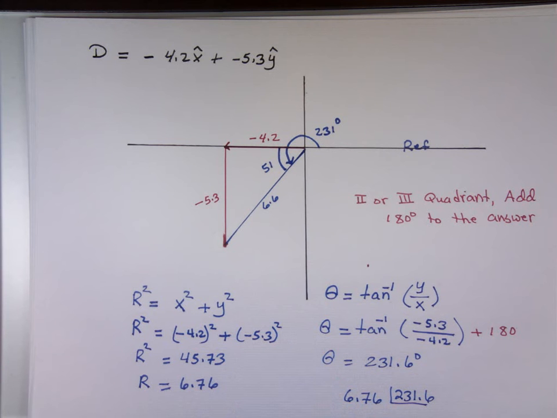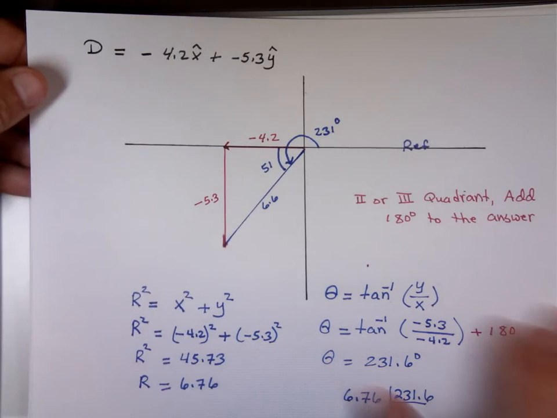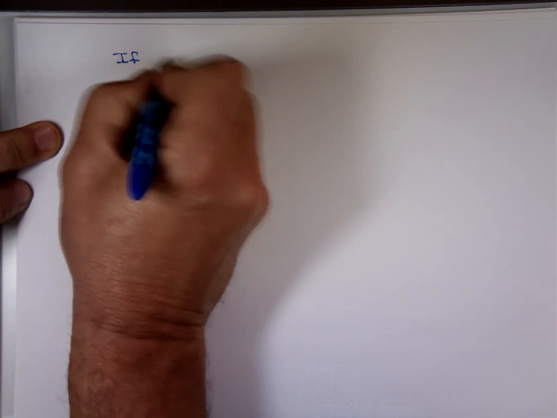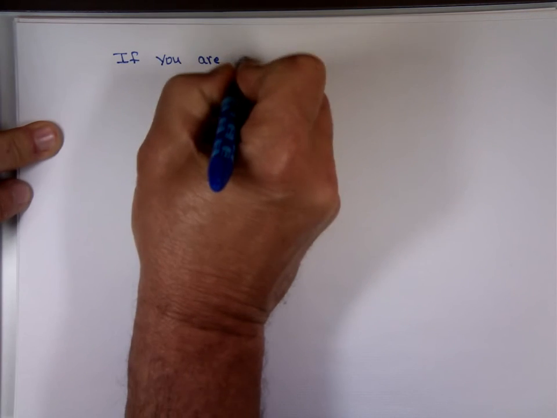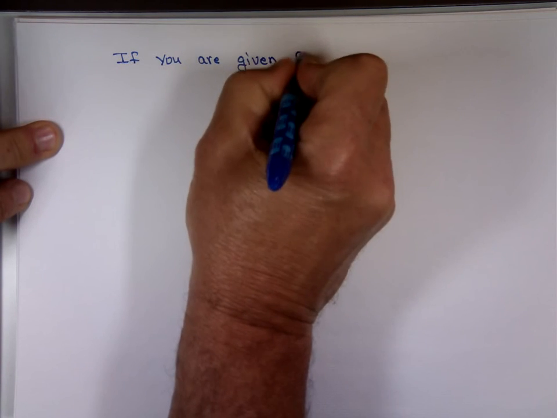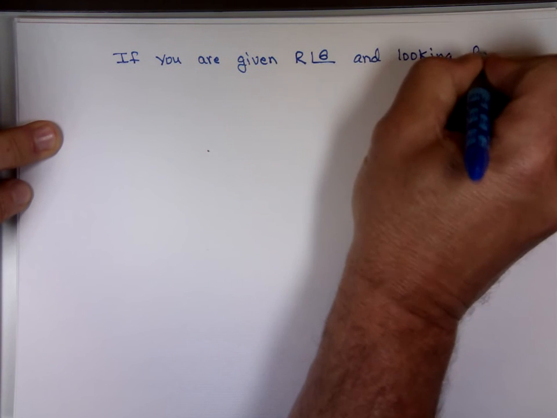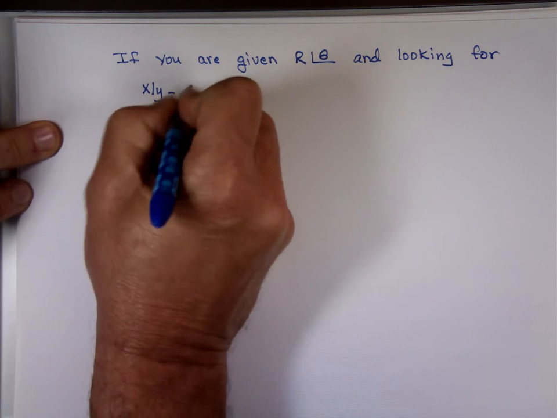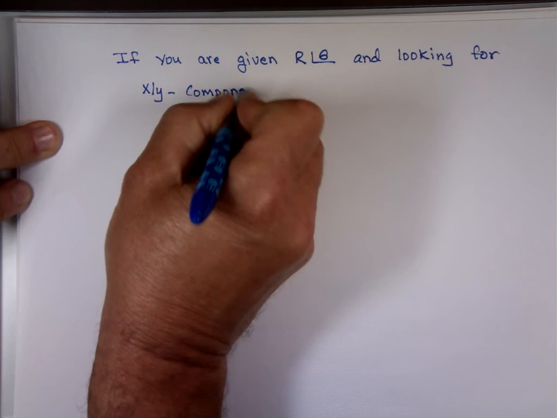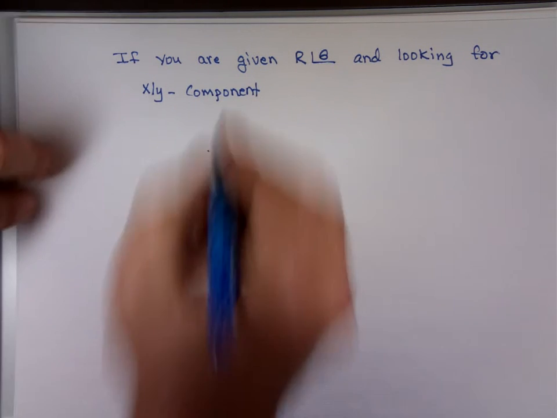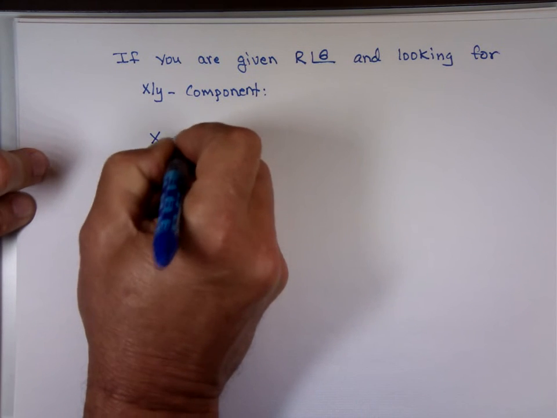So let's summarize a few things here, what we did so far. If you are given r and theta, and looking for the x/y components, if that's the case, this is how we do it. The x component is equal to what?